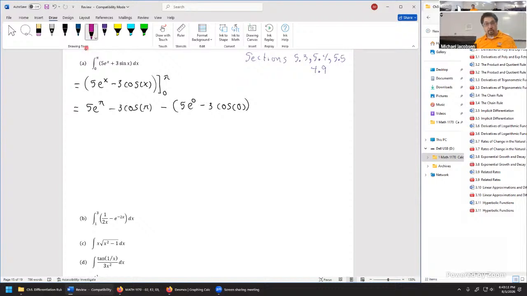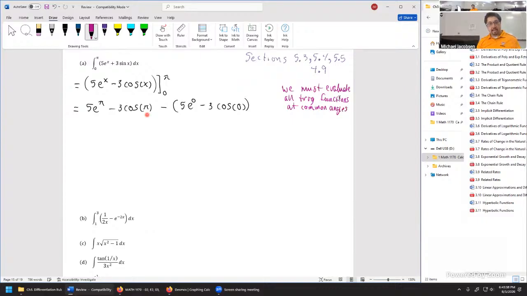And another reminder for the sake of the final exam, this was an expectation on homework assignments as well. Whenever something like this comes up, cosine pi, we must evaluate all trig functions at common angles.